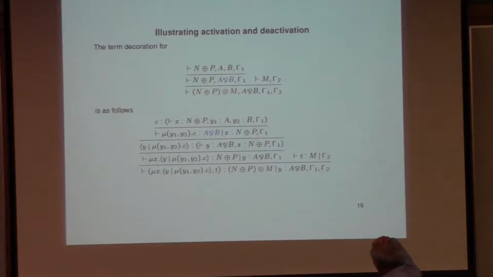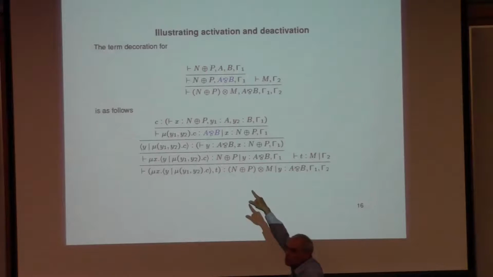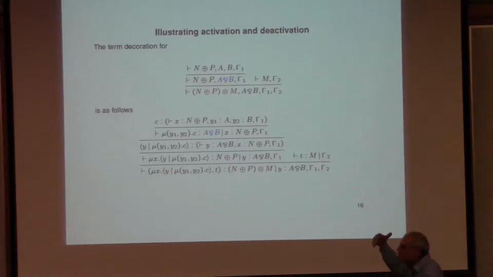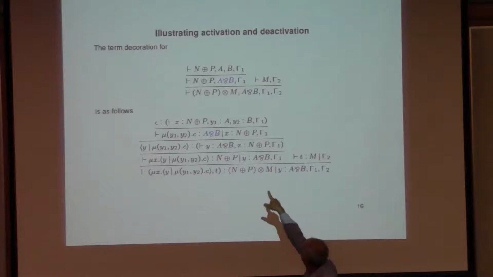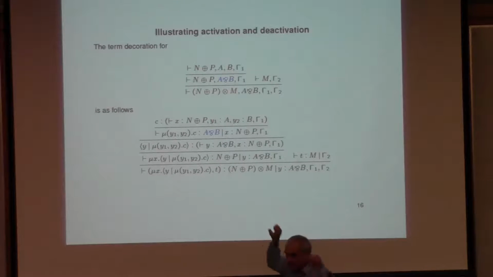So now you see that if I want to progress in my transcription of the proof, I must change the active formula, because the formula that is going to be active in the next rule is not A par B, but N plus P on the left.